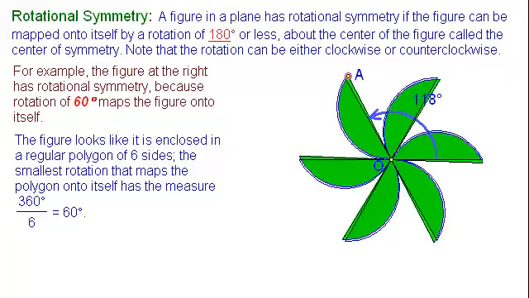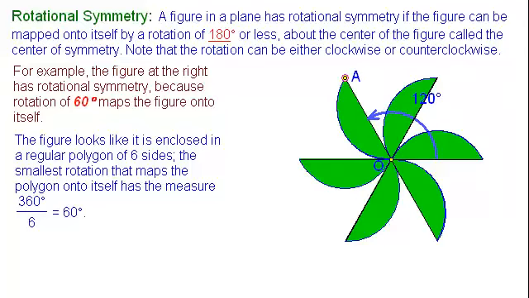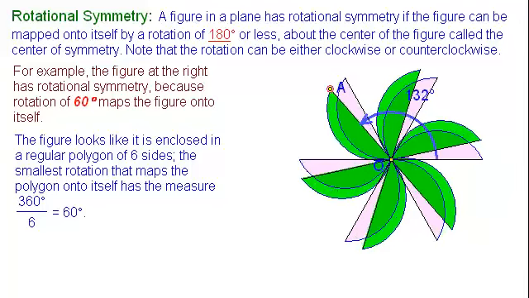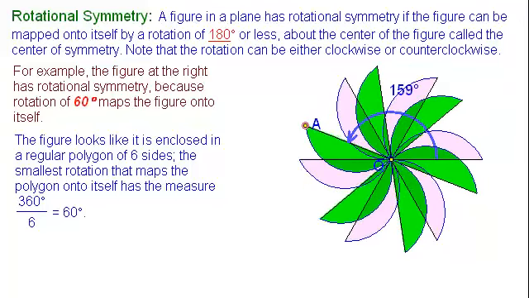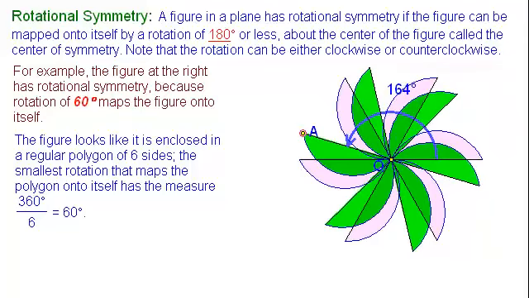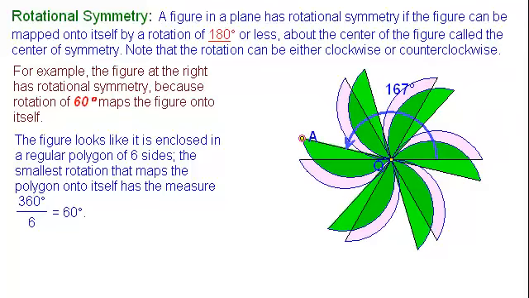The second one is going to be 120, a multiple of 60, and the third one is going to be 180, because 180 is also a multiple of 60. So that is how we get the third one.